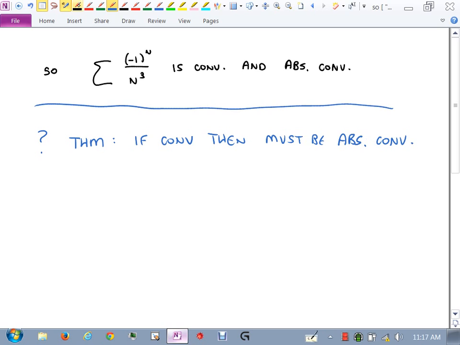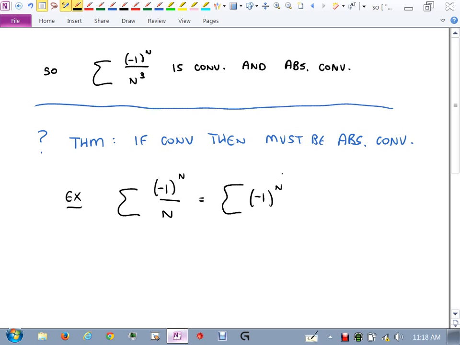So check out this one. As an example, take the sum of (-1)^n over n. Is that convergent? Well, it's an alternating series, so let me rewrite it like this.